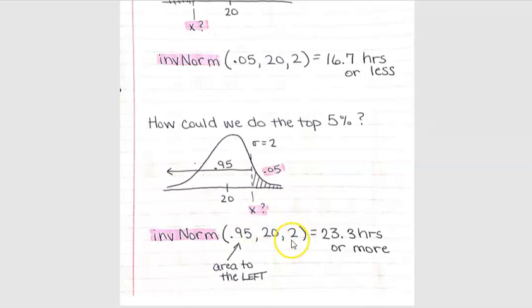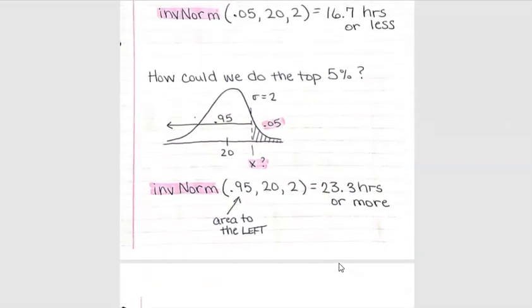And then 20 and 2 still, that's still our mean and standard deviation. And so the top 5% of cars would take 23.3 hours or more to complete. So that would be one of those unusually long periods of time. If it was taking them that long to get the cars done, that would be unusual, right? Because we're not expecting that to happen very often.